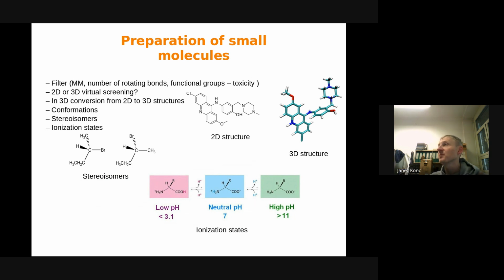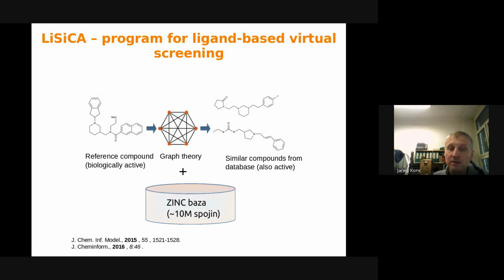If you want to have a compound that's active in human cells, then you have to have a certain pH. You have to take ionization states into account with the small molecules that you are going to use.